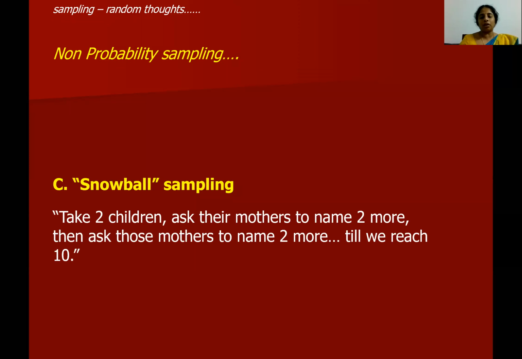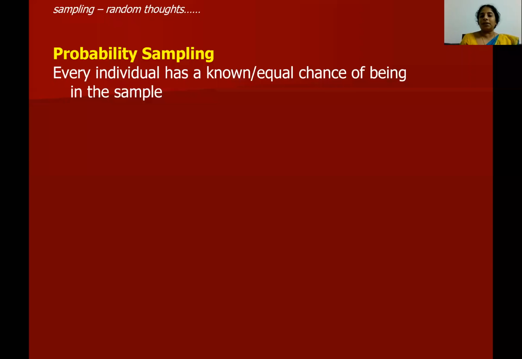You know why it is called a snowball? As the snowball keeps rolling, it gathers snow and it becomes bigger and bigger. So that is why it's called snowball sampling. So all these are non-probability sampling, which are not very scientific, but which are often used because it is very convenient. Now we'll come to probability sampling.